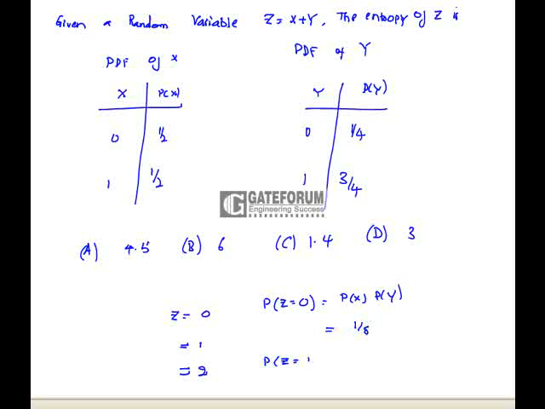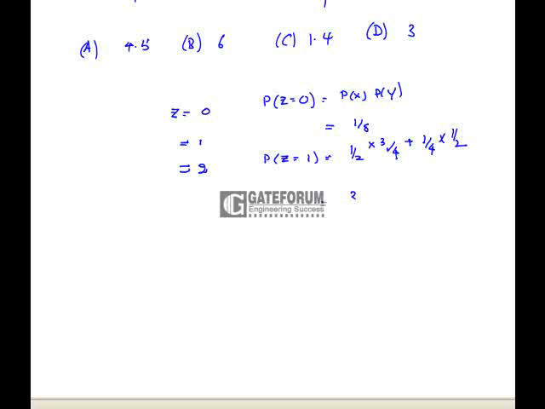Probability of Z equals 1 happens when either X or Y is 1, that is 1 by 2 into 3 by 4 plus 1 by 4 into 1 by 2, which is 3 by 8 plus 1 by 8. So it is 1 by 2, that is 4 by 8.